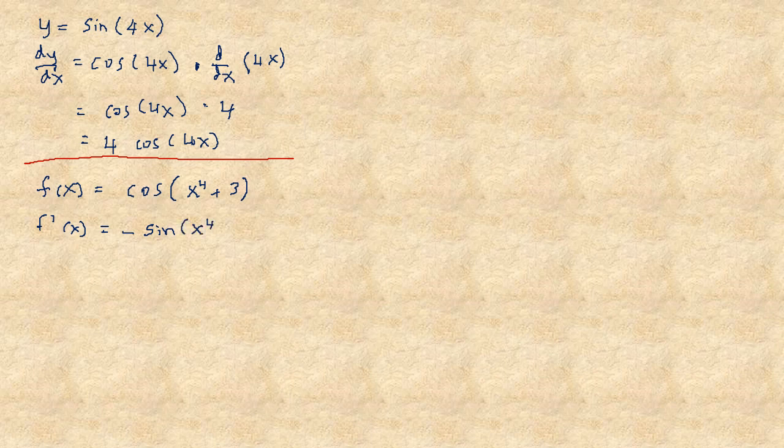Their function is x to the power of 4 plus 3. And then multiply by the derivative of x to the power of 4 plus 3, we get 4x to the power of 3. Or we can write it as negative 4x to the power of 3 sine of x to the power of 4 plus 3.